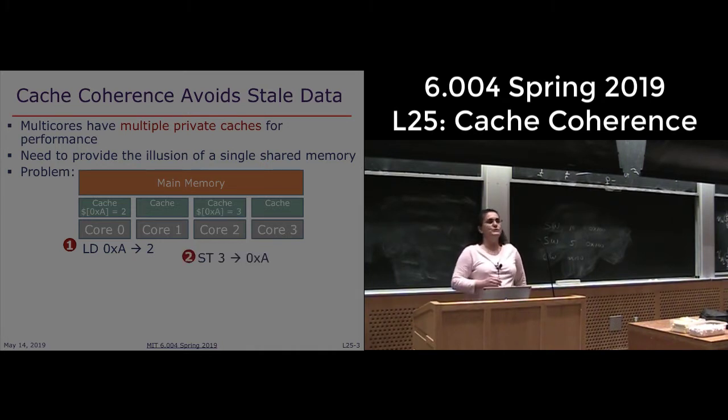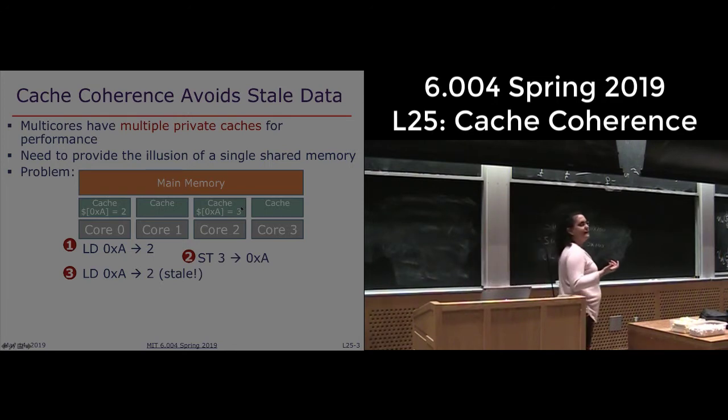Okay, so now core 2 comes along, and it wants to do a store to that same address A. It's going to store a value 3 to it, so it's going to have address A in its cache, but it's going to now associate a value of 3 with this. So now what happens when I go back to core 0 and it does another load? What's going to happen?